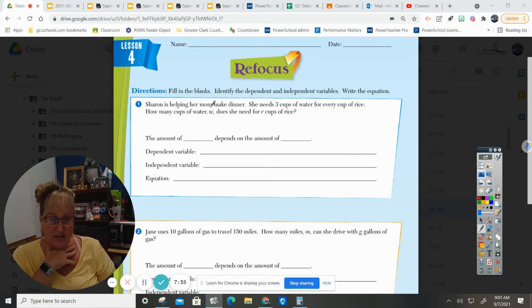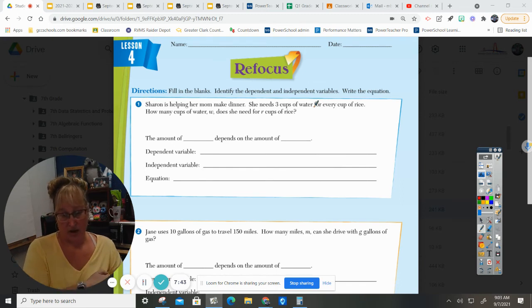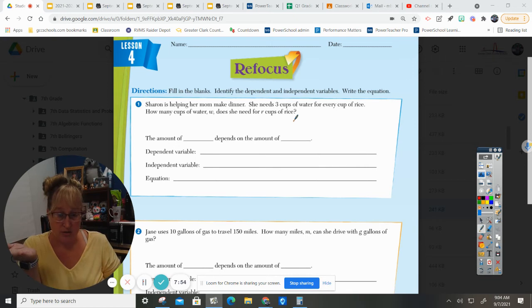So Sharon is helping her mom make dinner. She needs 3 cups of water. So this one tells me she needs 3 cups of water for every cup of rice. How many cups of water does she need for rice? So which one depends on the other one? So the amount of water is dependent upon how much rice you get.